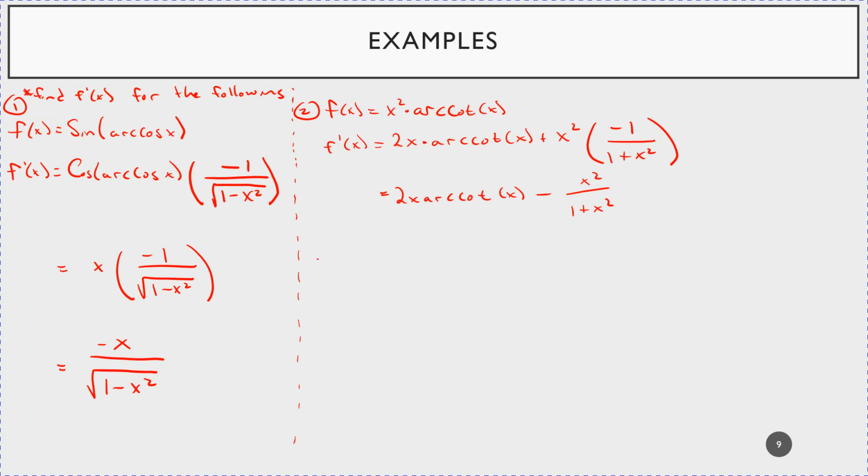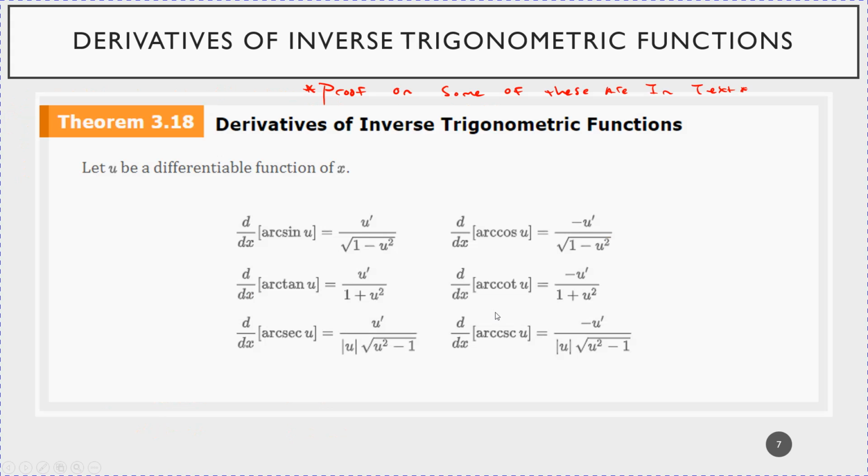All right, and let's just end on this one. Let me do one that involves one of those absolute value signs. So f of x is equal to arc cosecant of x cubed. Okay, so f prime of x here. So you're going to go back. What is the derivative for arc cosecant? It's minus u prime divided by the absolute value of u times the square root of u squared minus 1.